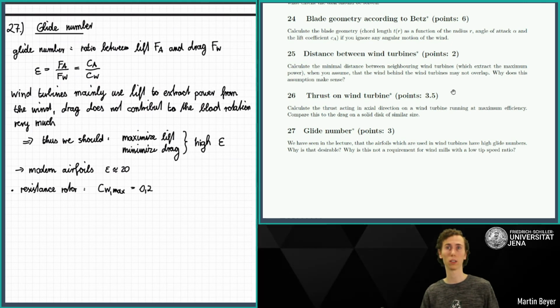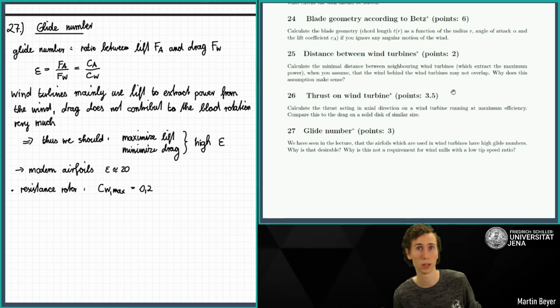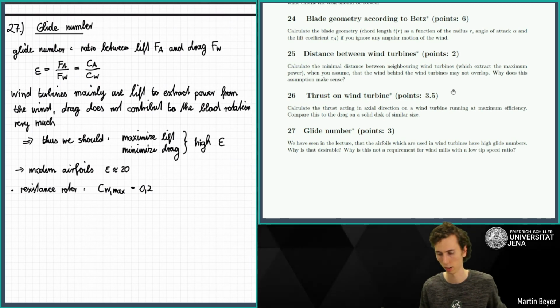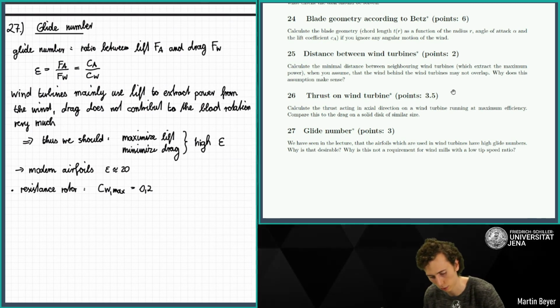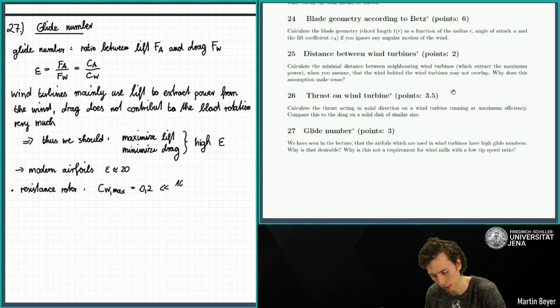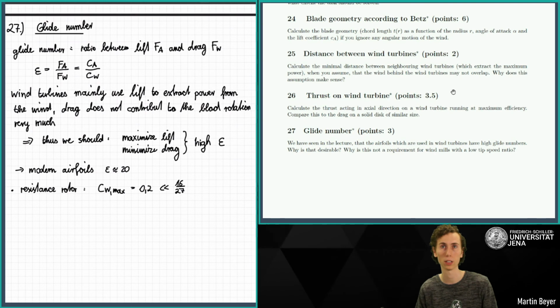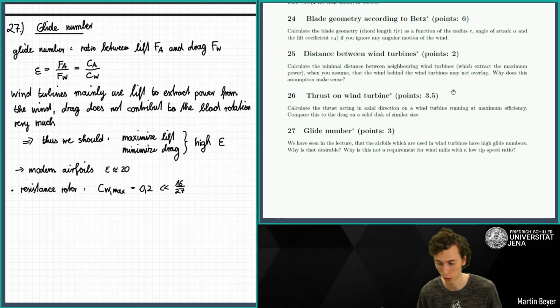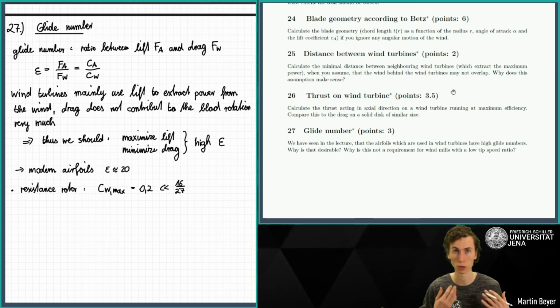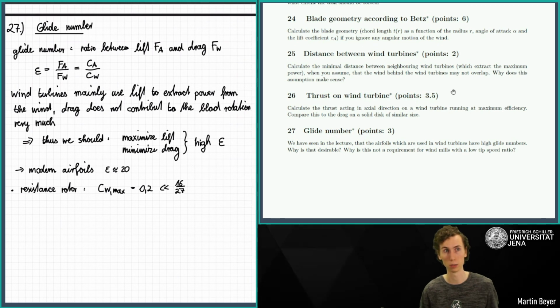So we can only extract about 20% of the power stored in the wind. And this is far less than the Betz limit. So we cannot get near the Betz limit by using just drag as a source to convert the power into electricity.